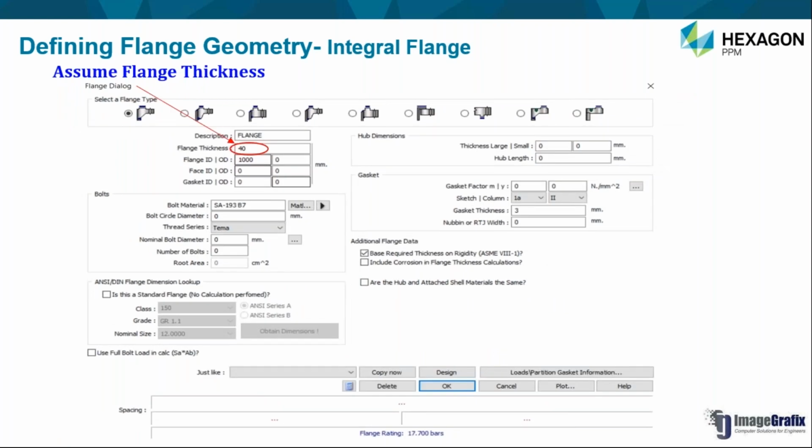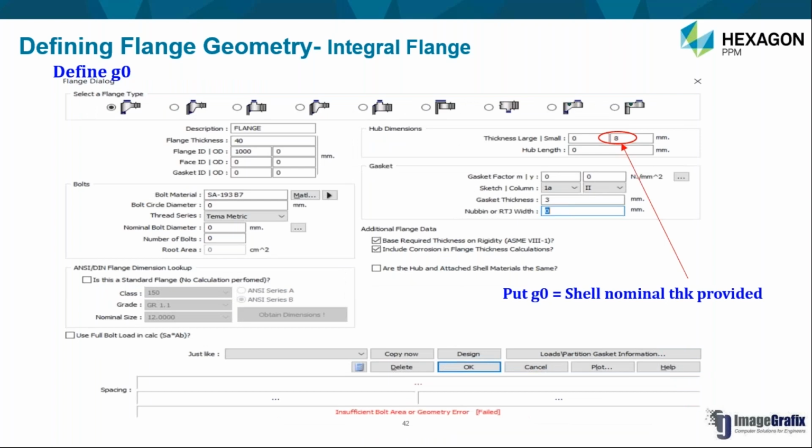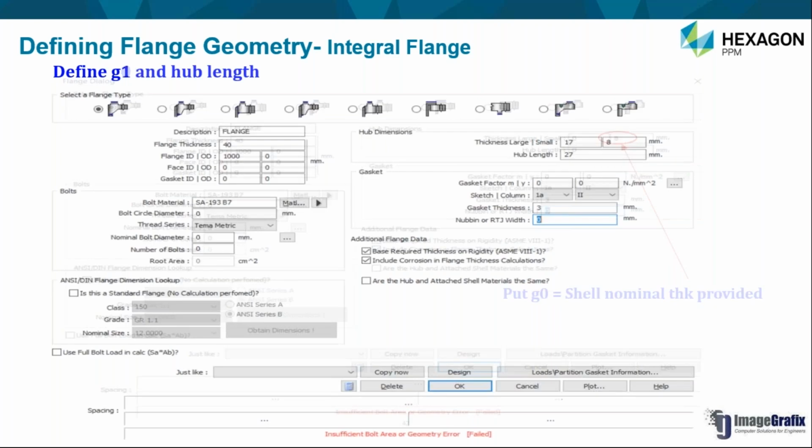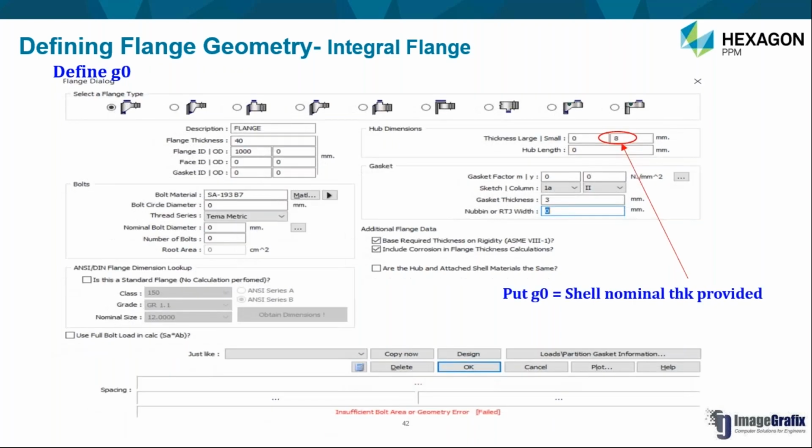As I said, it is an iterative method, so first we have to assume the flange thickness. We have assumed 40 mm over here. Then the other fixed parameter is the small end hub thickness, that is G0, which is similar to the shell thickness. So these are the fixed parameters from where we start any flange design.